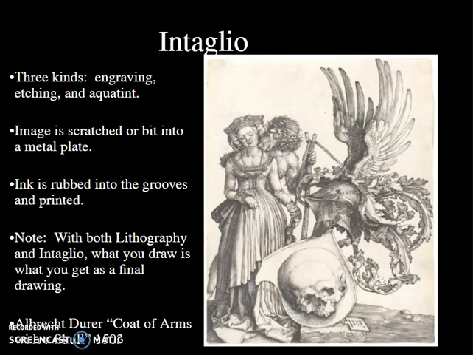Then you are using ink to rub into the grooves and then print on the paper. Please note that with lithography and intaglio, what you draw is what you get as the final drawing.